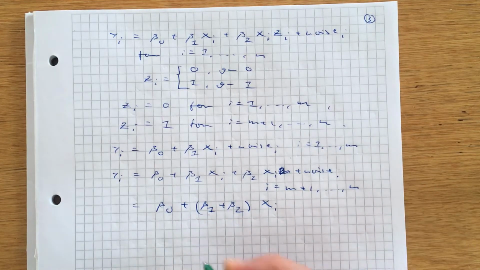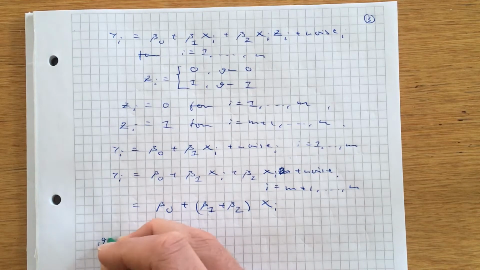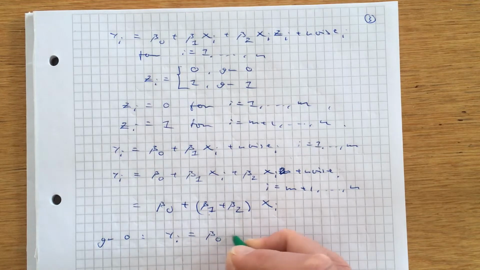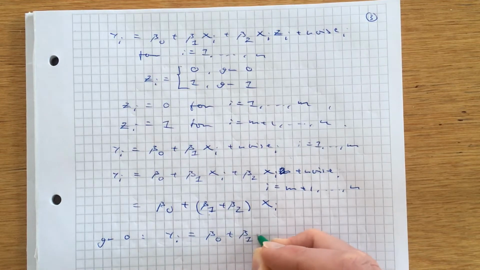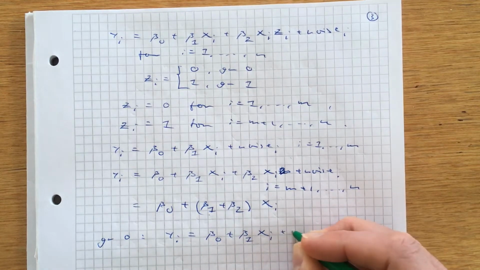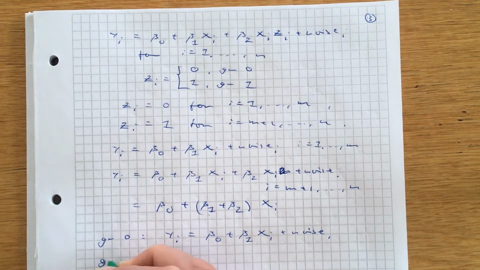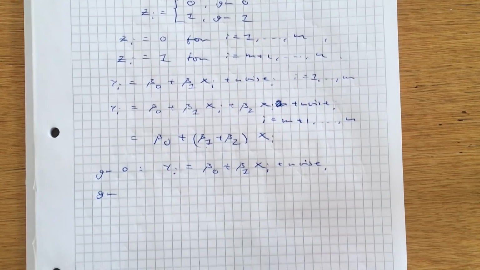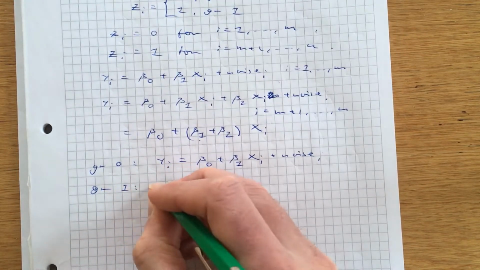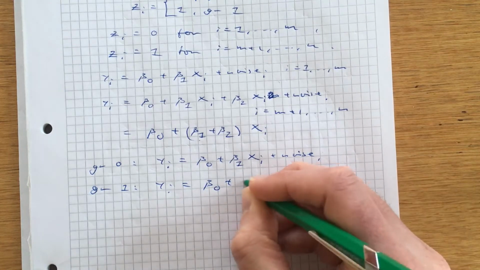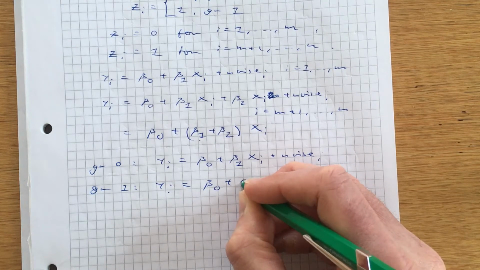So we can write it as, for group 0, y equals beta 0 plus beta 1 xi plus noise. And then for group 1, we have yi equals beta 0 plus, let's say, theta xi plus noise.